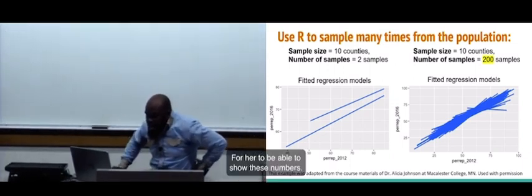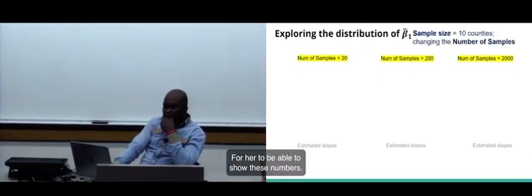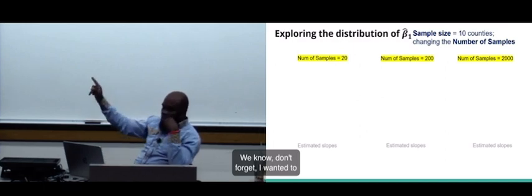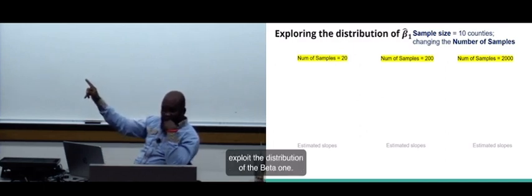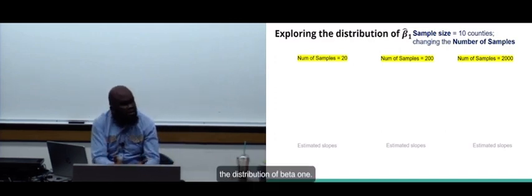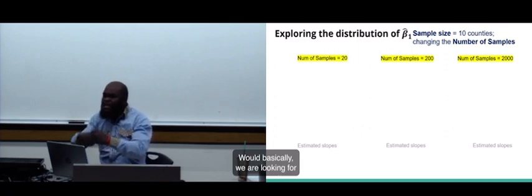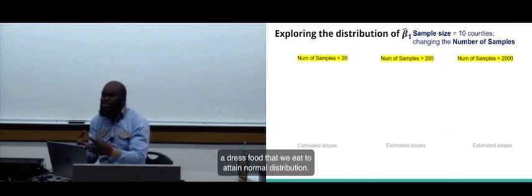And for us to show this, don't forget, I want to exploit the distribution of beta 1. Why are we exploring the distribution of beta 1? We're looking for a threshold that enables us to attain normal distribution.